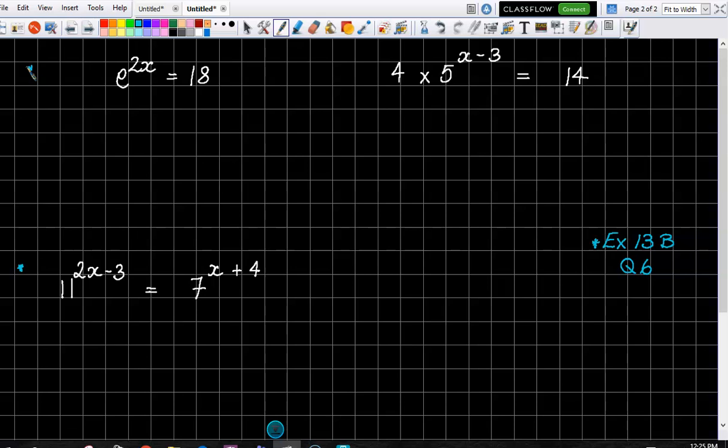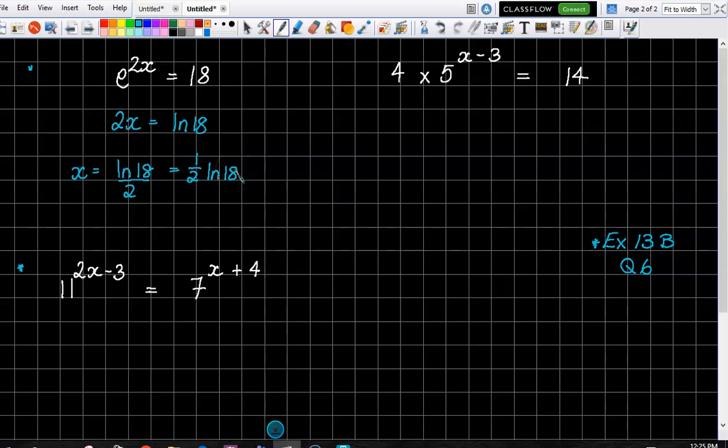Because it's an e, I'm going to ln, not log, but I understand what you mean. So I'm lning both sides, so I end up with 2x equals ln 18, and some of you might be going, why is she doing this? For this reason: when we solve for x, to get rid of the times 2, we divide by 2. So you can write it like this, or like this.